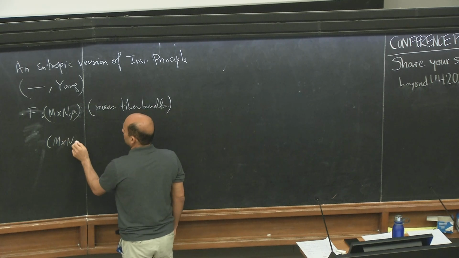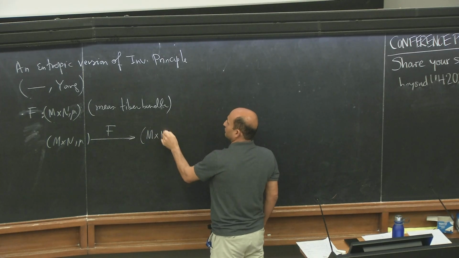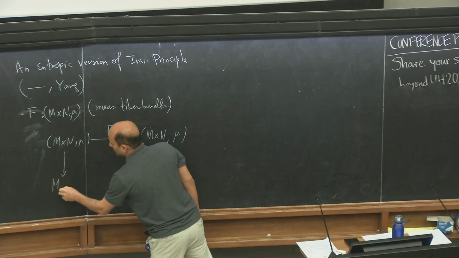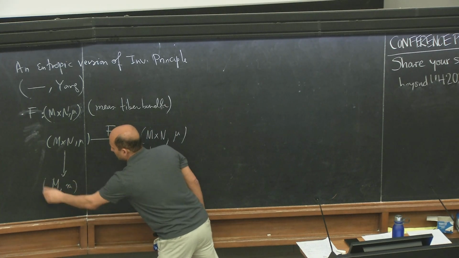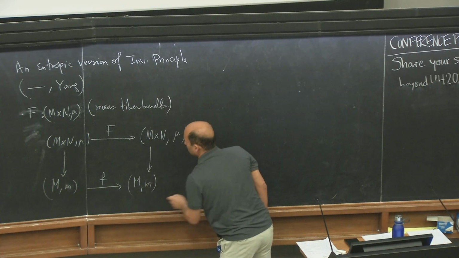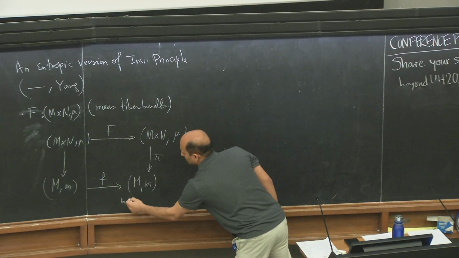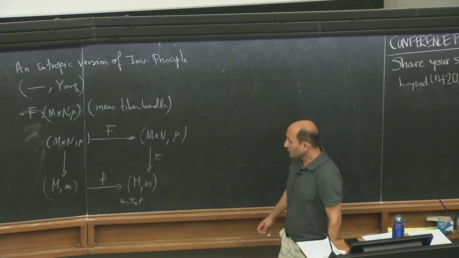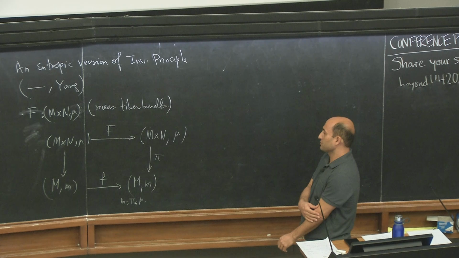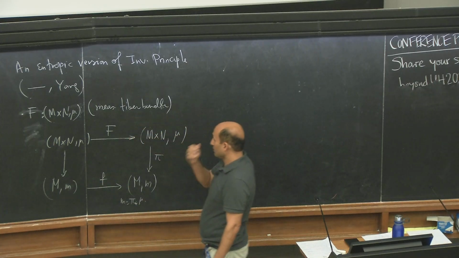M times N and mu, I have a fiber bundle map, such that it covers, in the base, a dynamics on M. So the measure on M is pi star of mu.